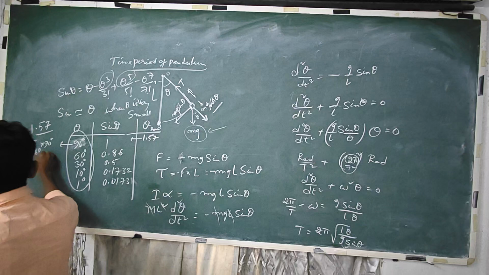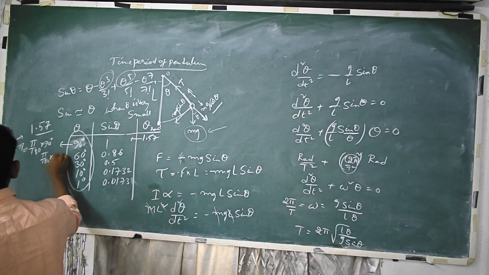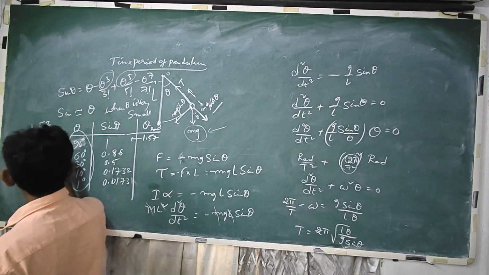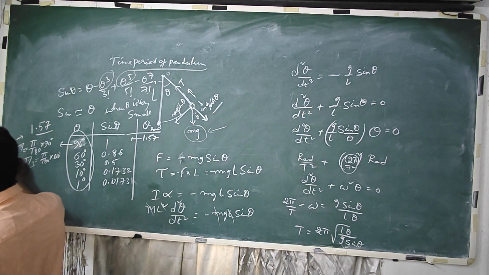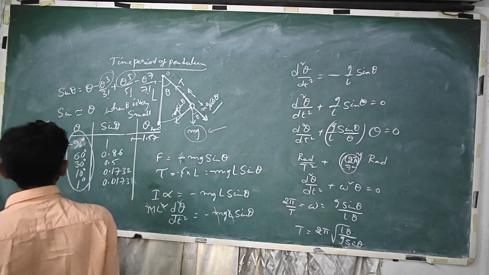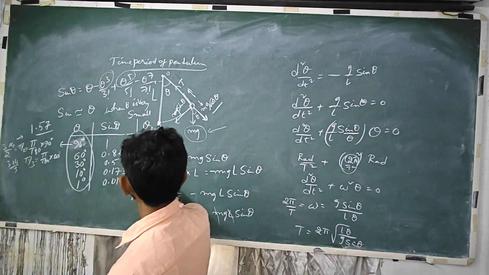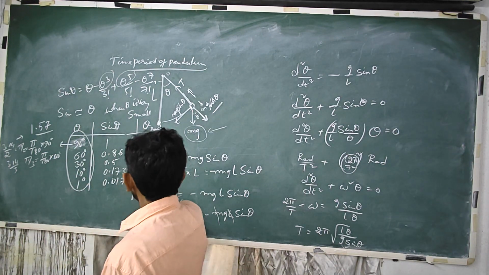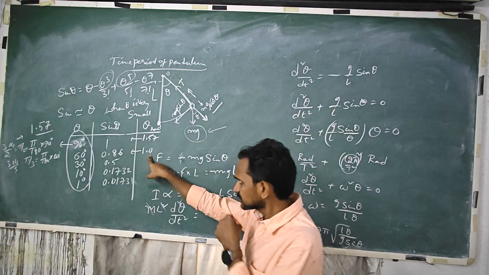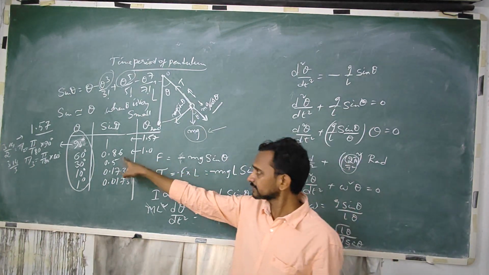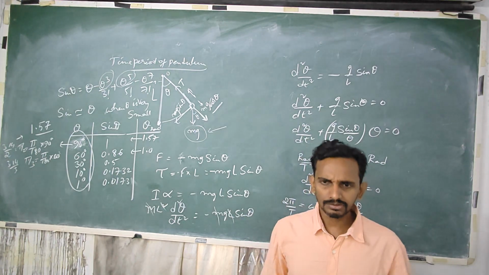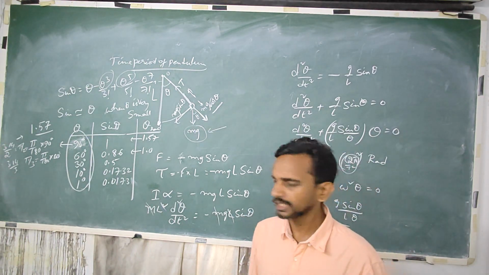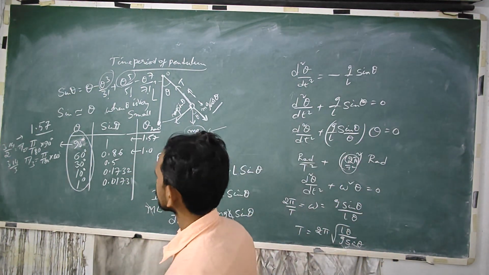What about 60 degrees? Pi by 180 into 60. So it is pi by 3, so 3.14 by 3, nearly 1. So for theta nearly equal to 1, sin theta is 0.8. So the numbers are nearly matching but not equal.